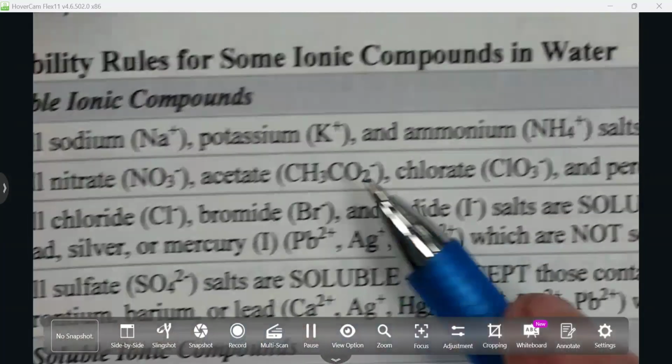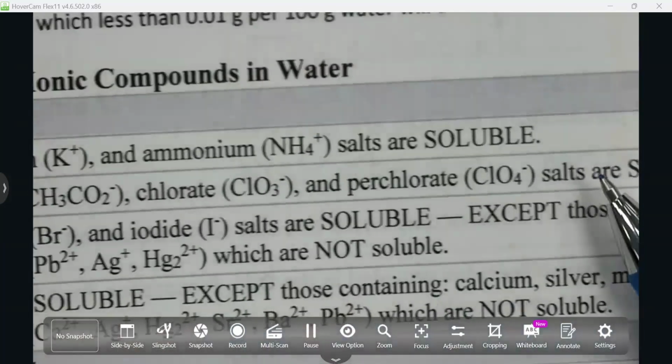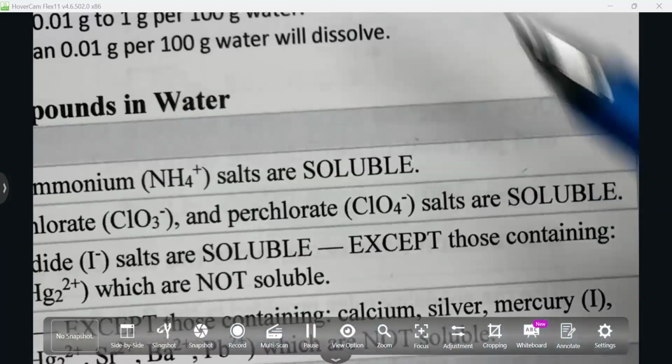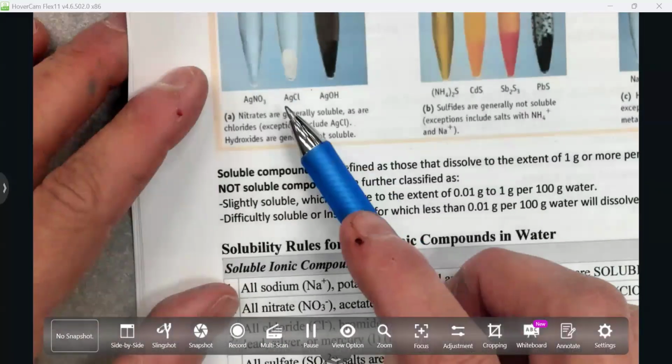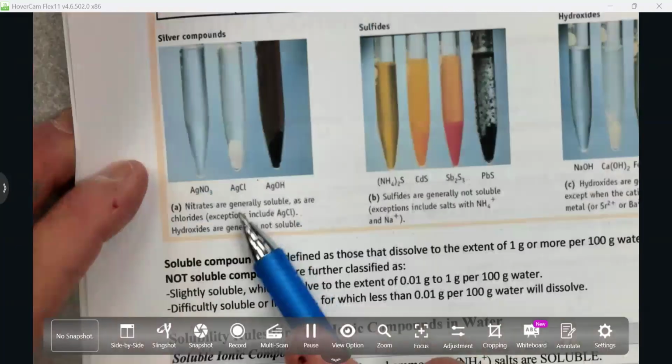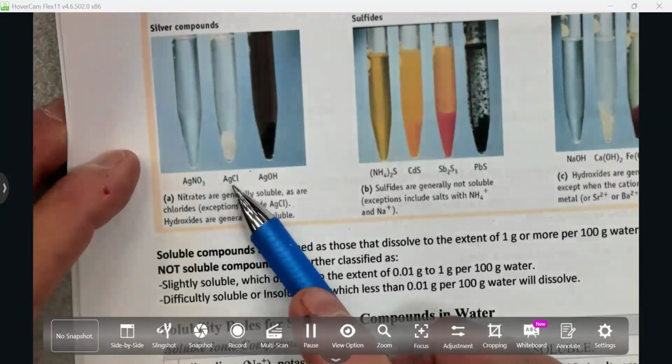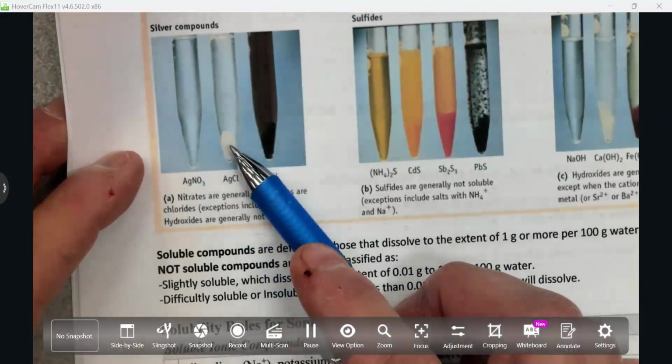All nitrates and acetates, chlorates, and perchlorate salts are soluble. Okay, now look at this. Silver chloride. Definitely not soluble. That's a solid of silver chloride.